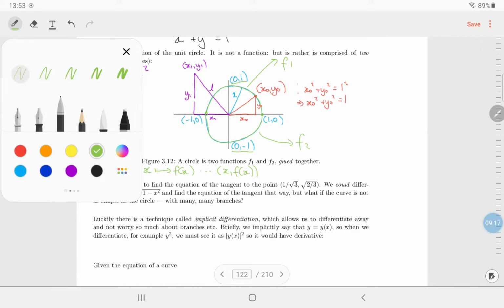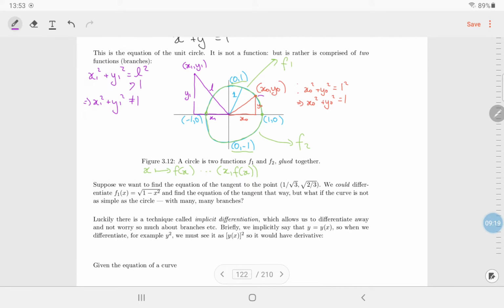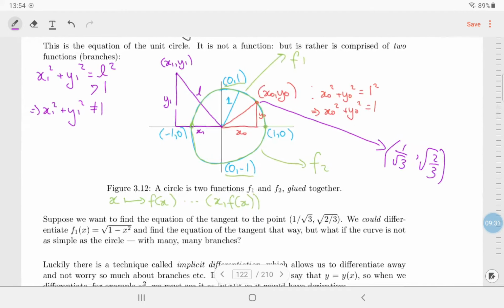So maybe for argument's sake, let's say that this is the point 1 over root 3, root 2 over 3, which if you look at it, the sum of the squares is 1, it's on the circle. And you wanted to find the slope of the tangent there. So, well, what does the tangent look like? Something like that.